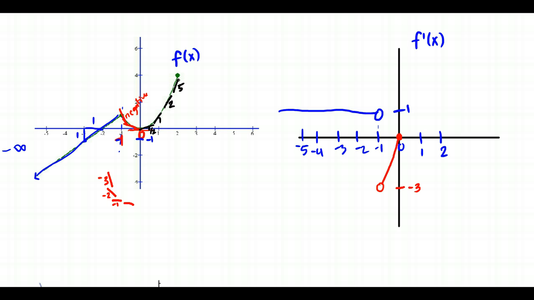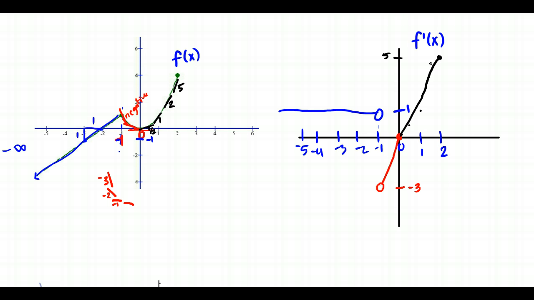These values are getting more positive. So at first, right here, I'd be 1/2, and then 1, and then at 2, I go all the way up to, we said, 5. My slopes of tangent lines are getting bigger, and they're positive, so I need to be above the x-axis.